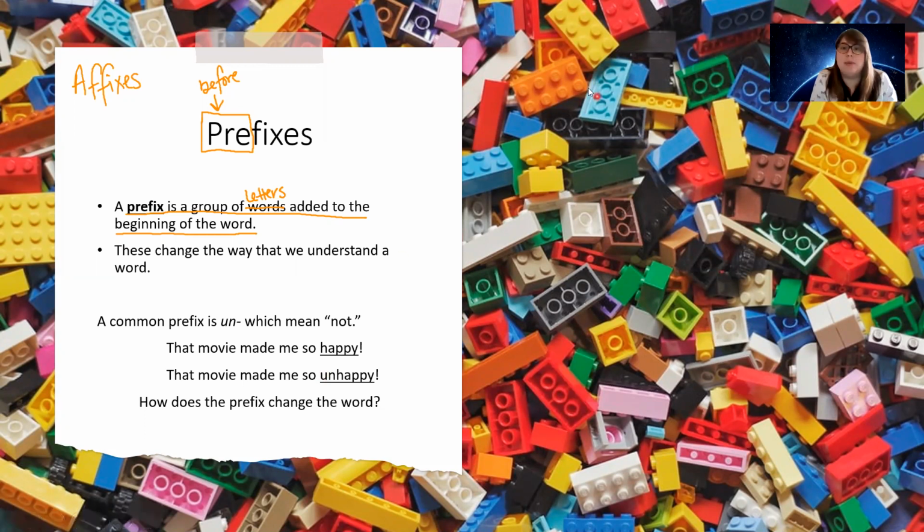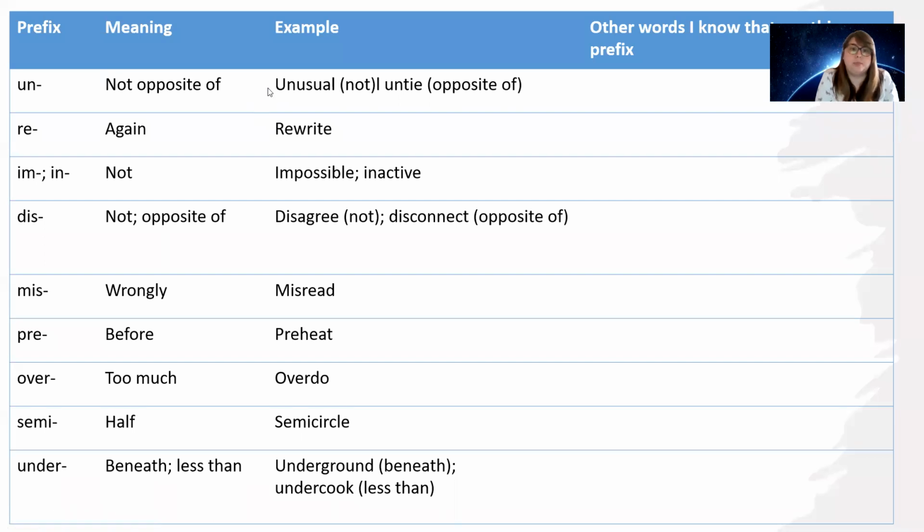So let's look at some common prefixes and see what other words you know. Now, I really recommend that on your notes sheet, wherever you are taking notes, you write down your list of prefixes over to the left, and in your second column, your list of meanings. These are the most common prefixes that we should know.